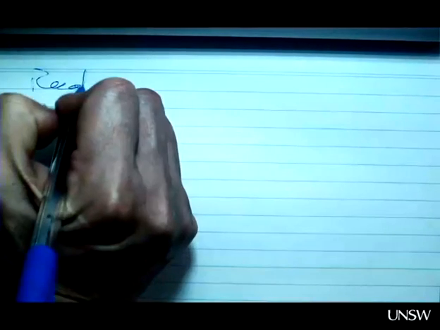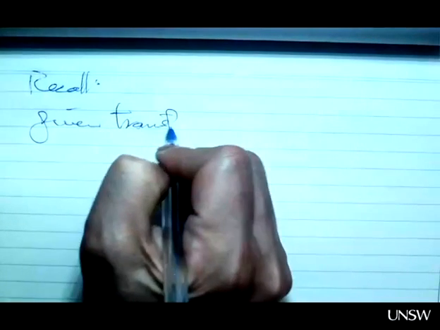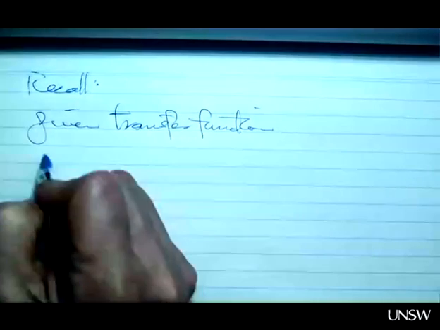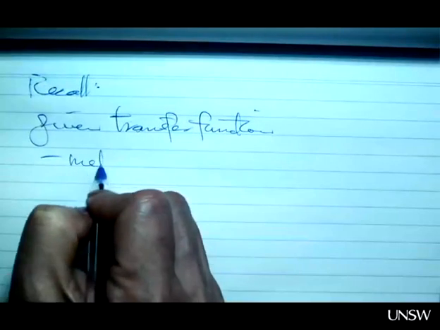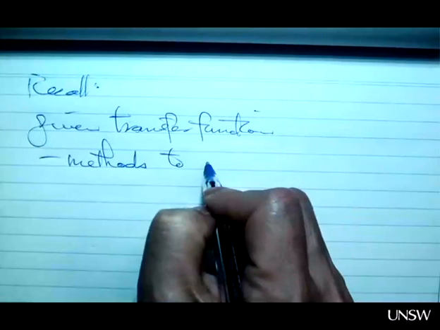First of all, we recall what we went through last week. Last week, we saw that if we are given the transfer function, then we know the methods to construct the state space equation.